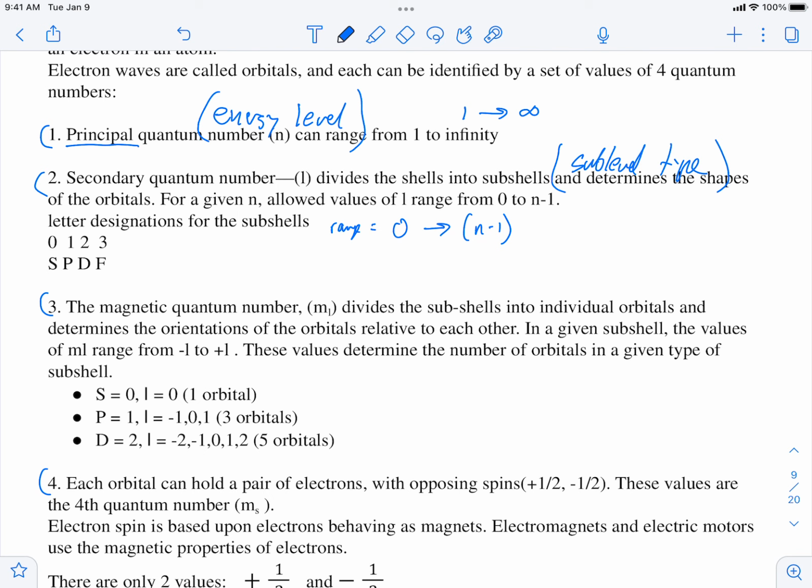The third quantum number is what we call the magnetic quantum number, and this has to do with the orbitals. This is another reason why we have to learn how to draw the orbitals, because the orbitals are designated with numerical codes. For example, let's say this is 3p3.